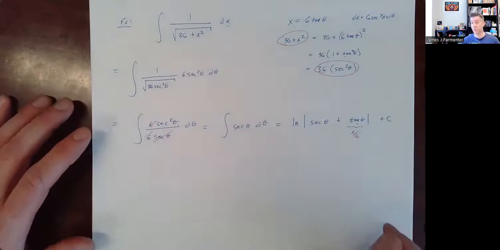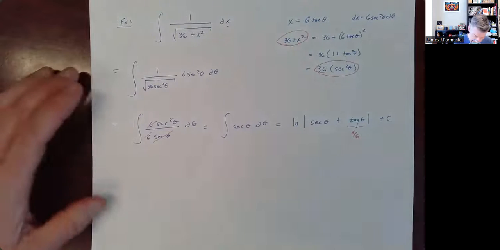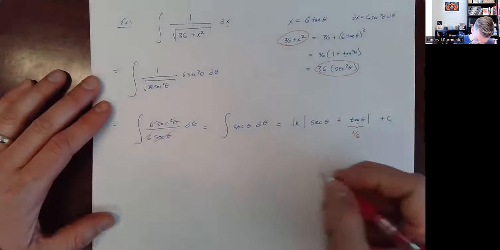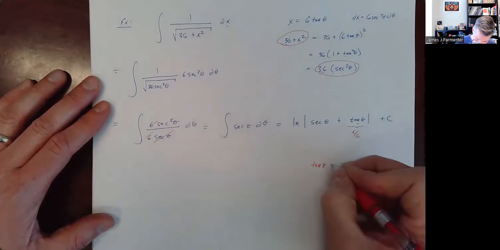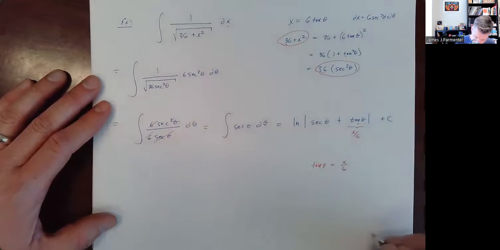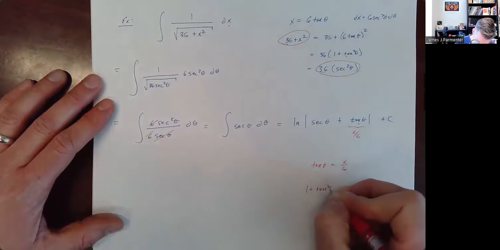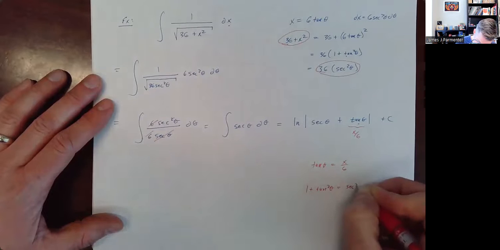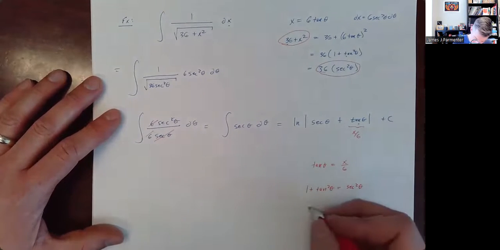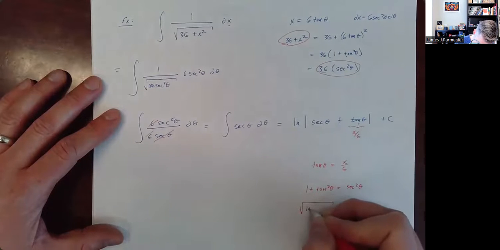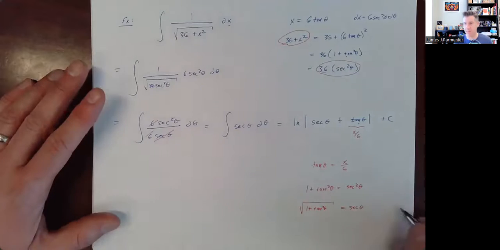And let me just show you how you would do this with a trig identity. This one would lend itself pretty well to a trig identity. So I'm going to do the trig identity first, just to kind of help you out. Tangent theta is definitely equal to x over 6. And then I know that 1 plus tangent squared theta equals secant squared theta. So if I wanted to get secant theta, I could first take the square root of both sides, again ignoring the plus or minus absolute value stuff.